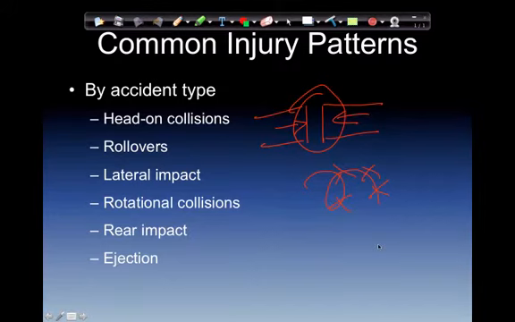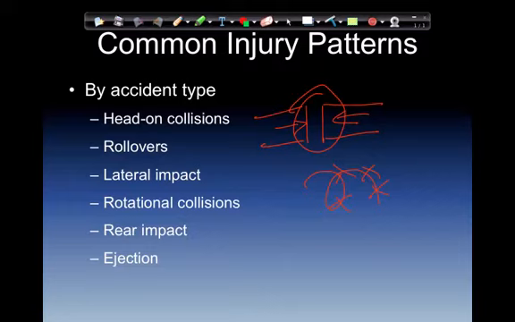So we could have multiple injuries from a rollover, because the patient has now come into contact with multiple sections of this car and multiple areas inside. Lateral impacts deliver the most energy to the same side occupant. Head and chest injuries are probably possible in this.